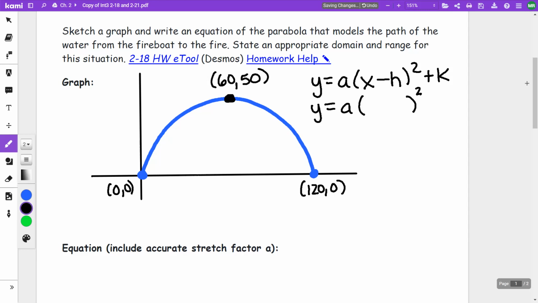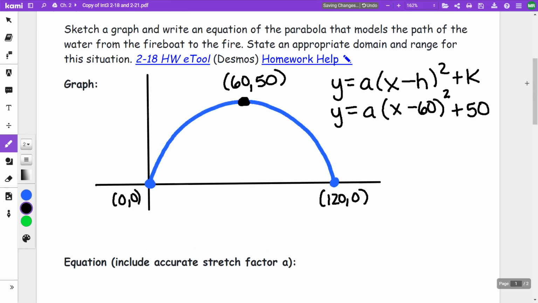What am I going to have in that parenthesis if my vertex is 60, 50? X minus 60. Exactly right. And what am I going to put outside of this? Plus 50. Now, I almost have everything.